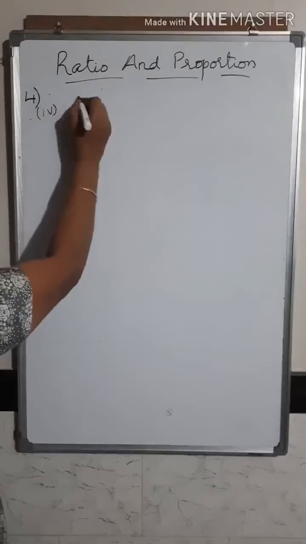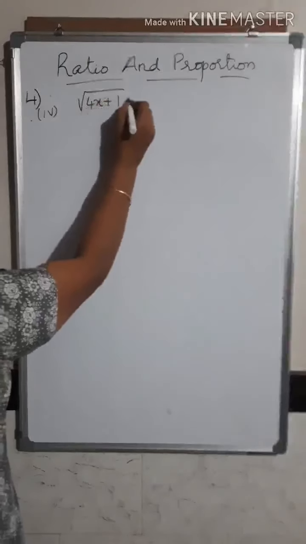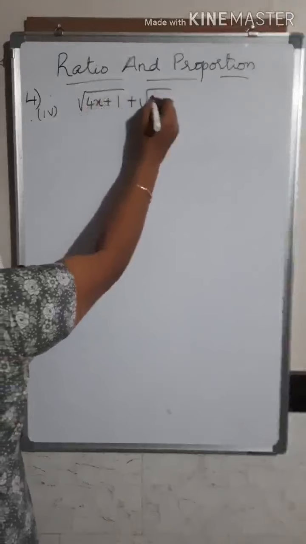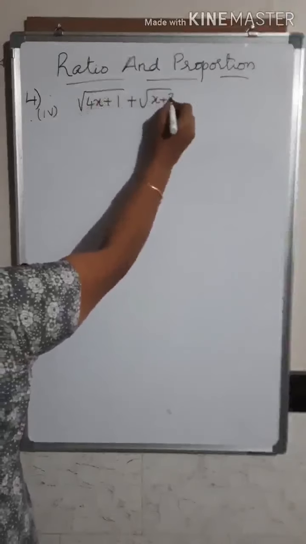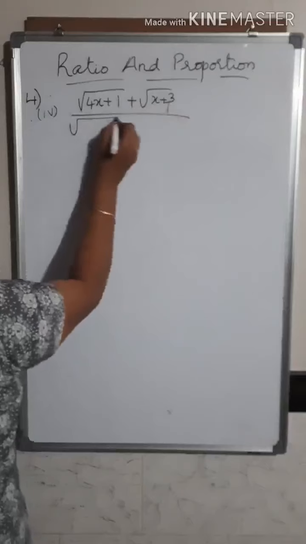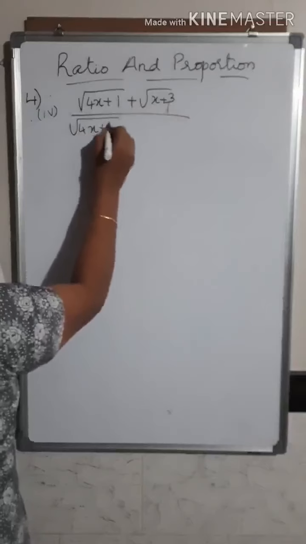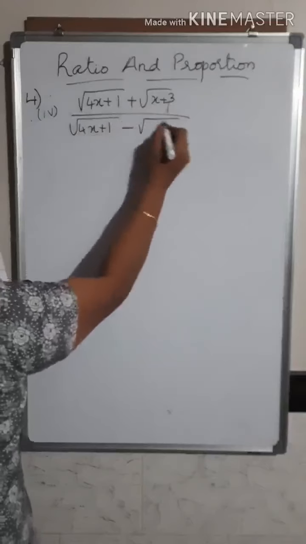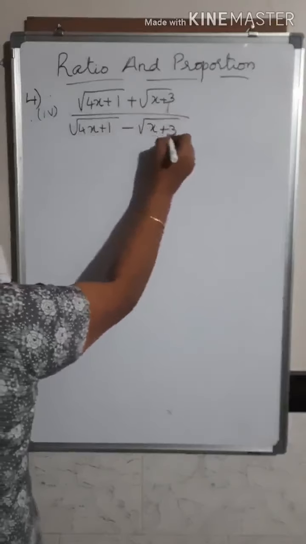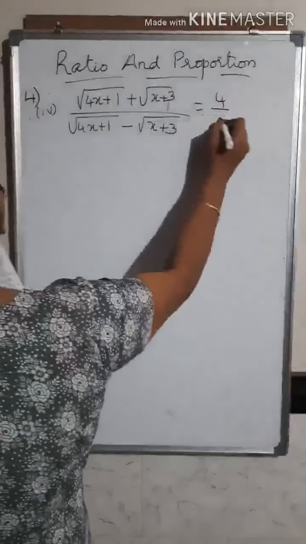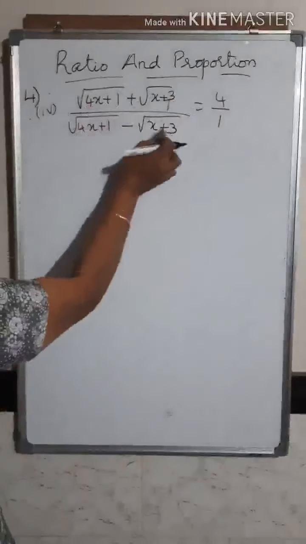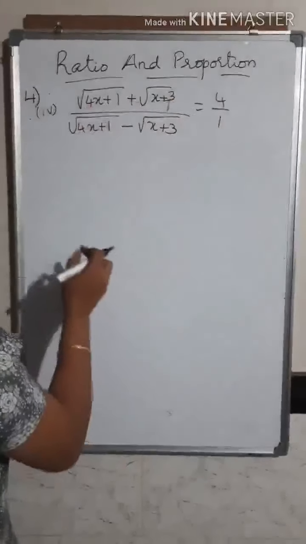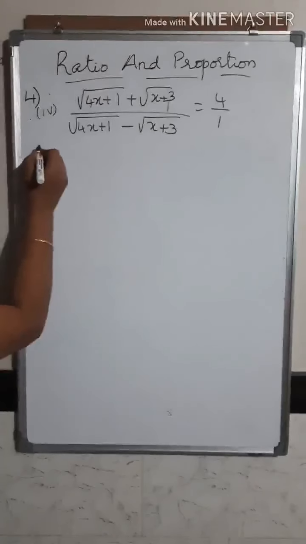Fourth sub question. Root 4x plus 1 plus root x plus 3, upon root 4x plus 1 minus root x plus 3, is equal to 4 upon 1. Now here you have got same terms with opposite sign. So you have to use the property of componendo dividendo.